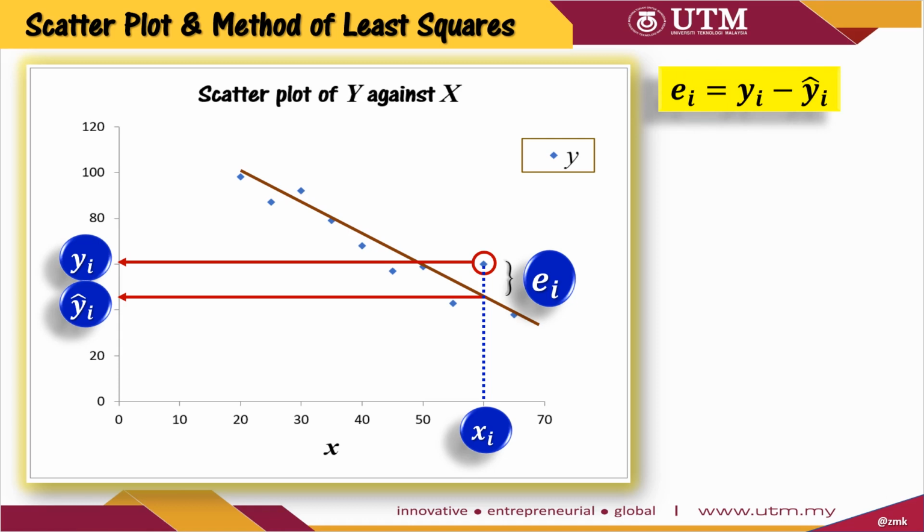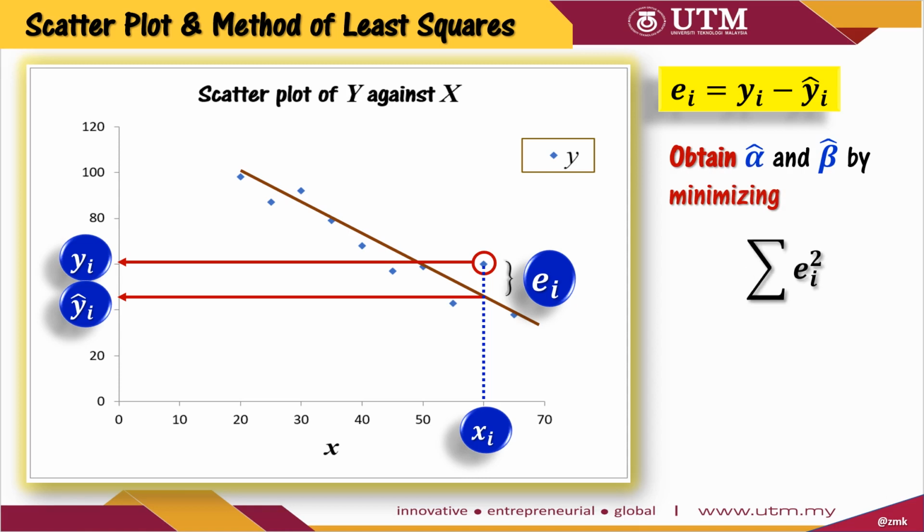To obtain alpha hat and beta hat by the method of least squares, we minimize the sum of squared errors or residuals with respect to alpha and beta, that is, by getting the partial derivatives of the sum of squared errors with respect to alpha and beta and equating them to 0, which leads to two normal equations.